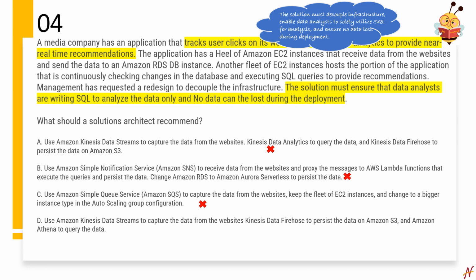If we look at this option, this solution effectively decouples the infrastructure, ensures data persistence, and enables data analysts to focus solely on analyzing the data using SQL queries. It is also in sync with the best practices for handling stream data and provides scalability and flexibility for future growth. That is why option D is the correct answer.